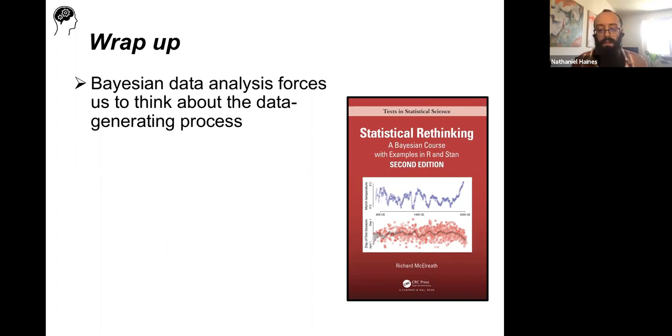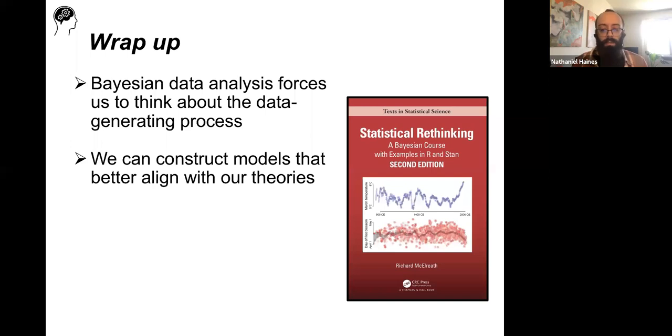This allows us to explore our data in much more detail. And by doing this, we can construct models that better align with our theories. We developed this model today where we're estimating what's going on for each participant, but then also the groups that those participants were within. And so we're able to explore the data and understand it at a level that's just not afforded by other methods when we were just doing that t-test.